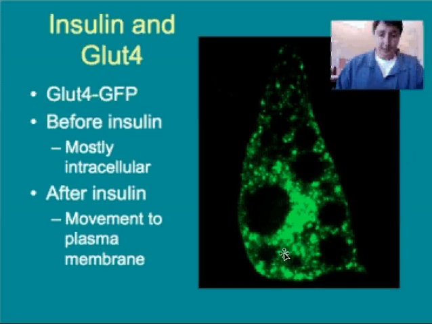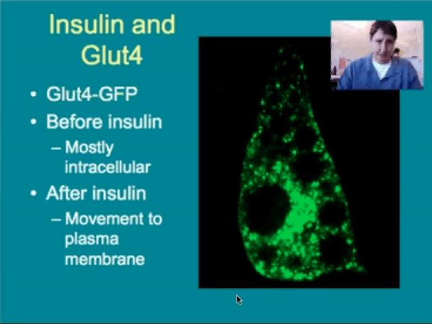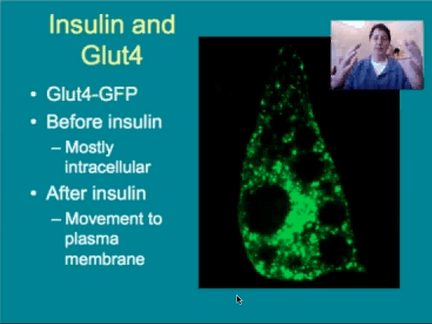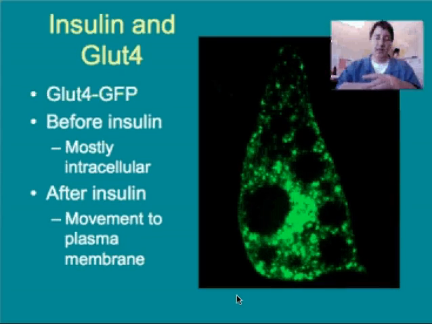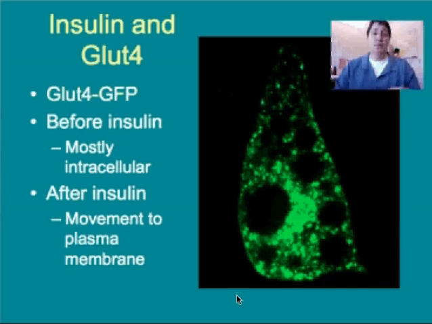Let me see if this will play. This won't play still. But when insulin binds to the cell, all of that green fluorescence will reach to the outside of the cell. That is the movement and the fusion of GLUT4 containing vesicles with the plasma membrane, and now GLUT4 is on that plasma membrane and allows for the uptake of glucose from the bloodstream.